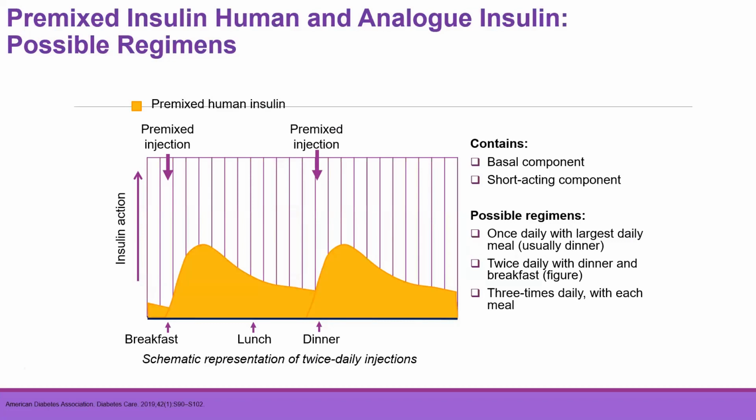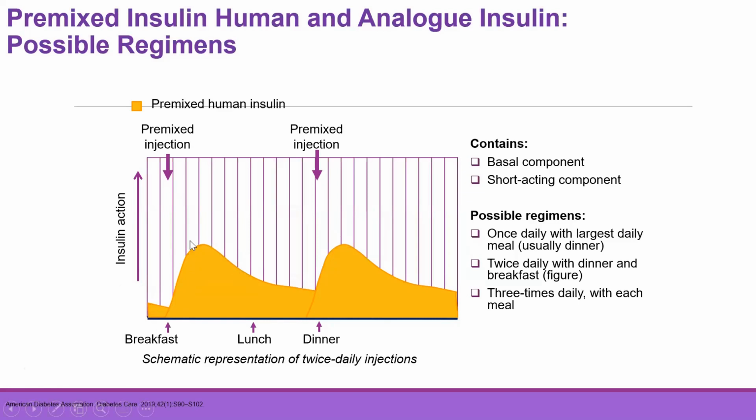Now let us have a look at how human insulin and analog insulin work. So this is basically the basal part, and when you are giving two premixed injections, this is a mealtime insulin, and this is another mealtime insulin.